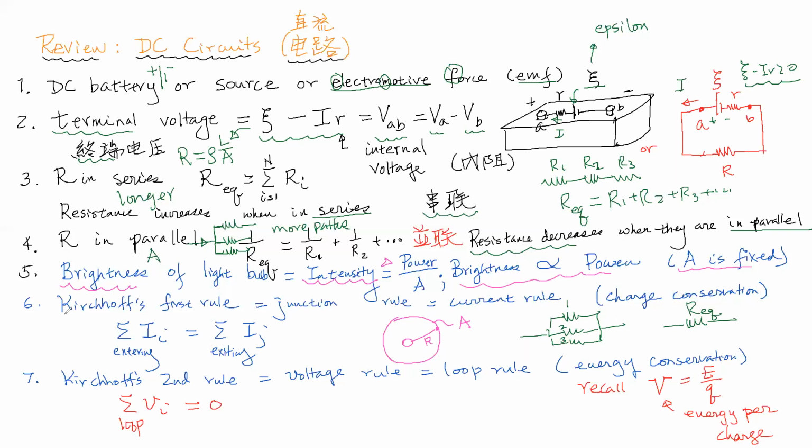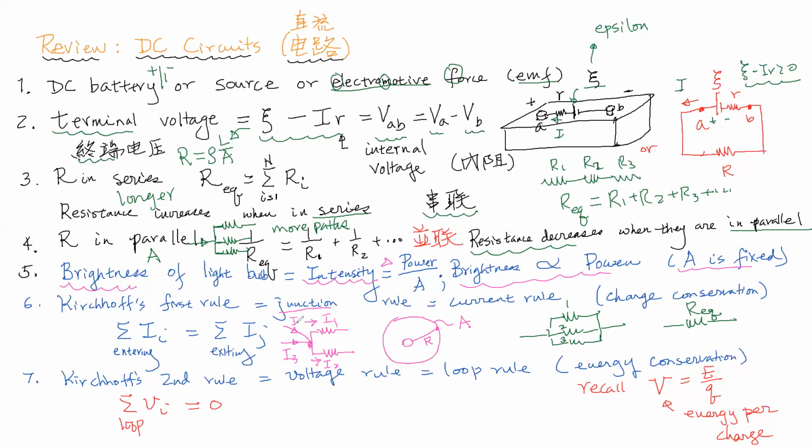All right, number 6, Kirchhoff's first rule. The first one is the junction rule. So what does that mean? If you come here and then you split into 2 paths, this one here is I1, and this is I2, and let's say you have I3 coming in. You can add more, let's say you have I4 coming in.